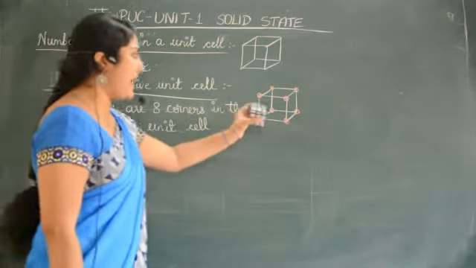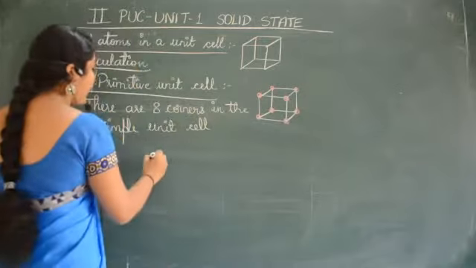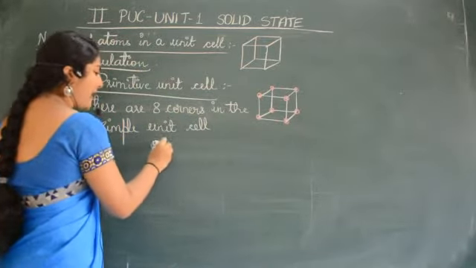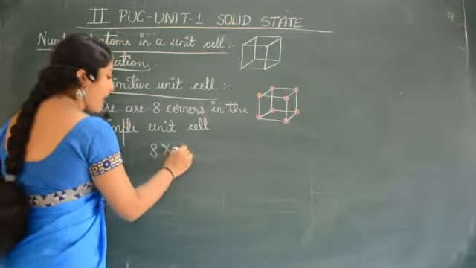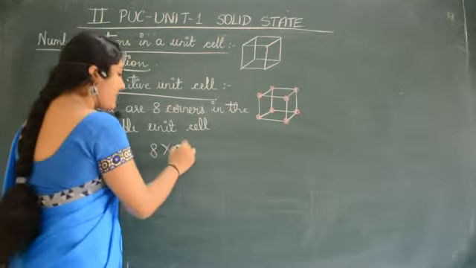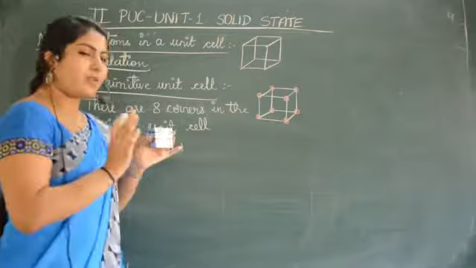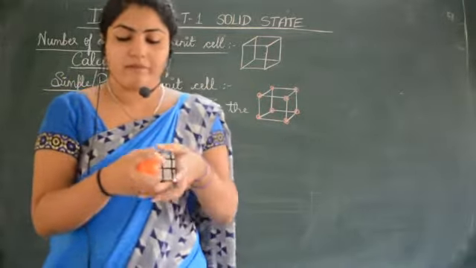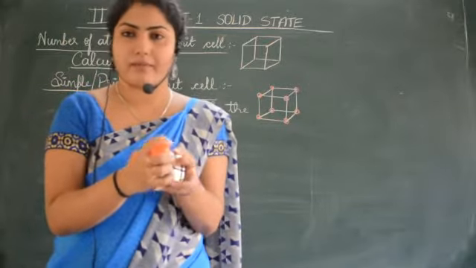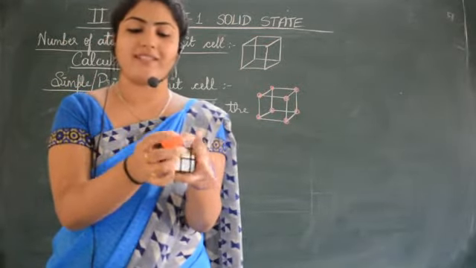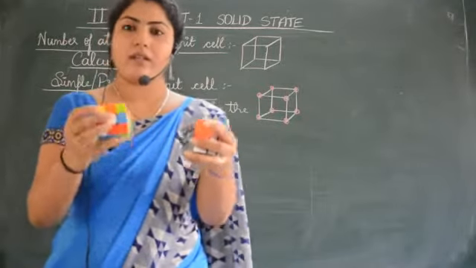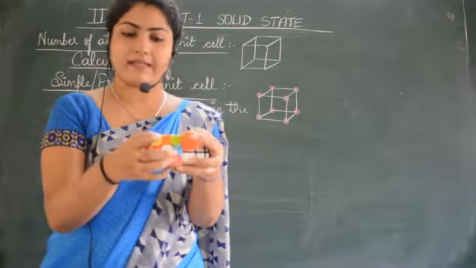Therefore, in 8 corners, how many atoms do we have? 1 atom at each corner. And this 1 atom, does it belong to the same unit cell? No. I have told you, see. If here there is an atom present, I am just trying to hold this. If there is 1 atom present, here this is one more unit cell, isn't it?